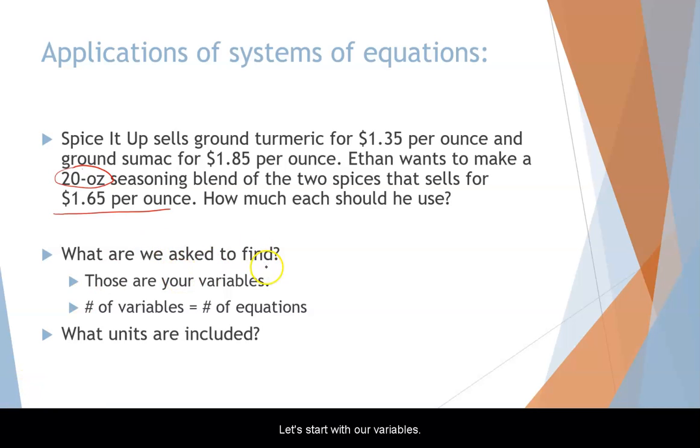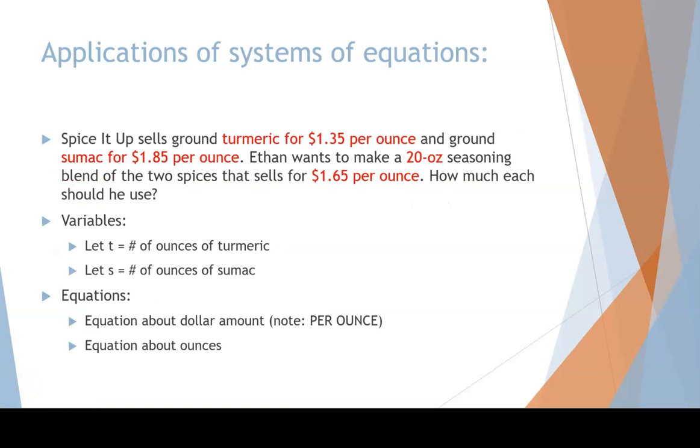Let's start with our variables and build our equations based on the units. Since we're talking about turmeric and sumac, I'm going to say let T equal the number of ounces of turmeric and let S equal the number of ounces of sumac.